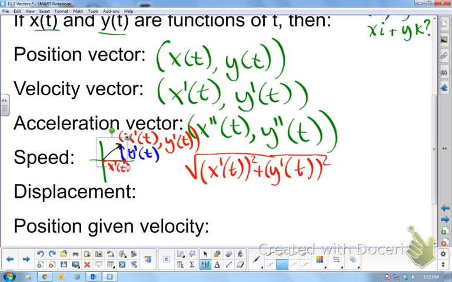And what do we get when we integrate a speed? When we integrate a velocity, we get a position. So this is speed. Displacement is just the integral of this. This time we would need a place to start and finish.